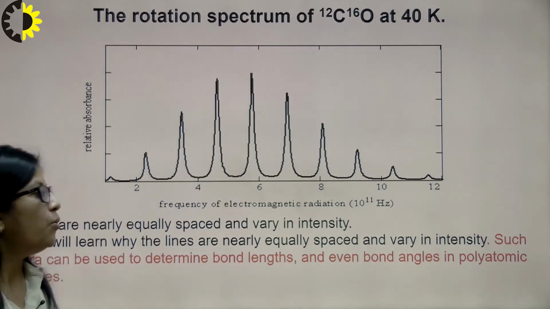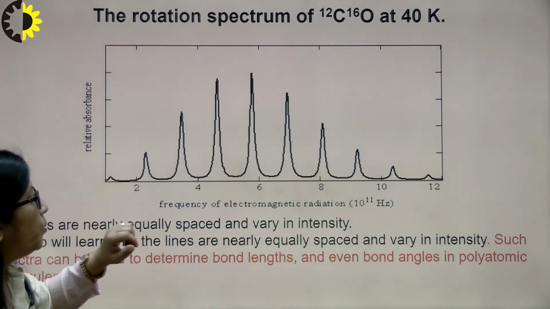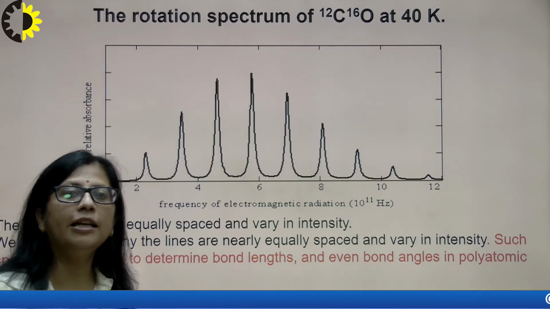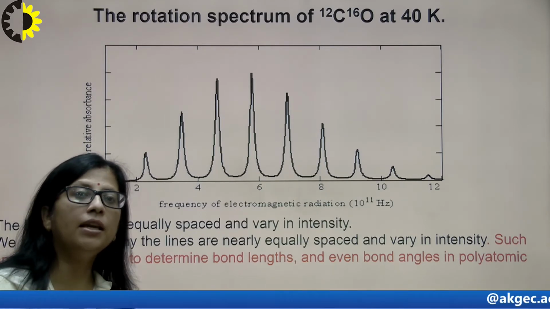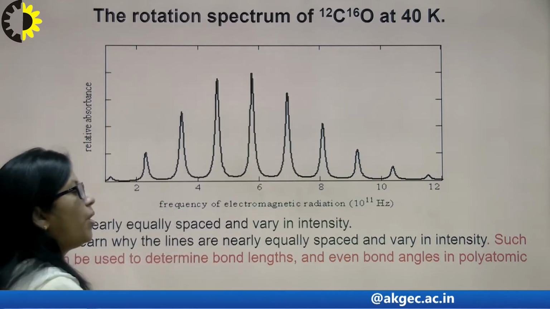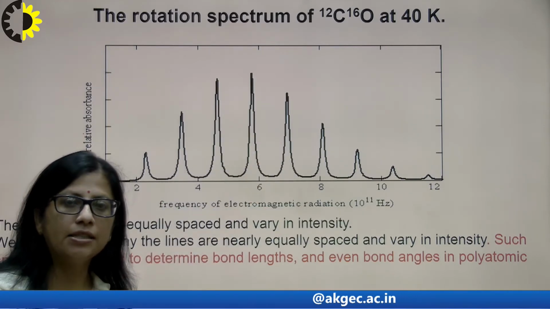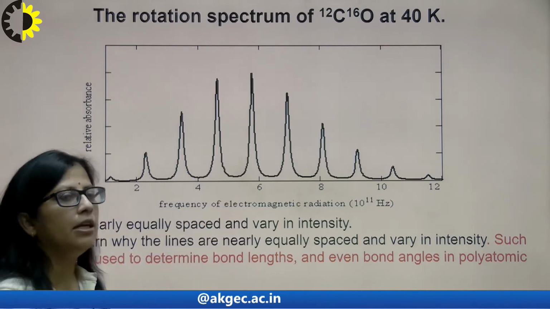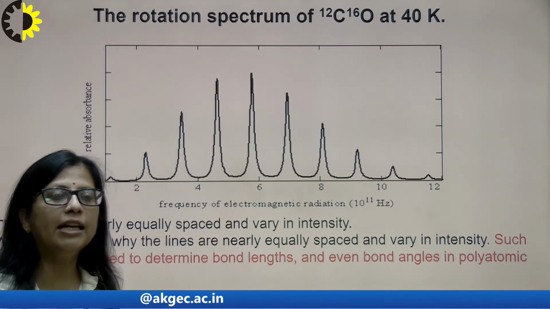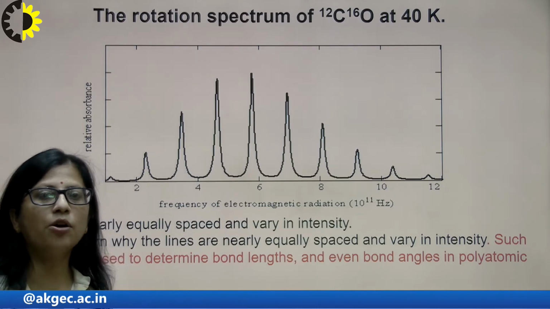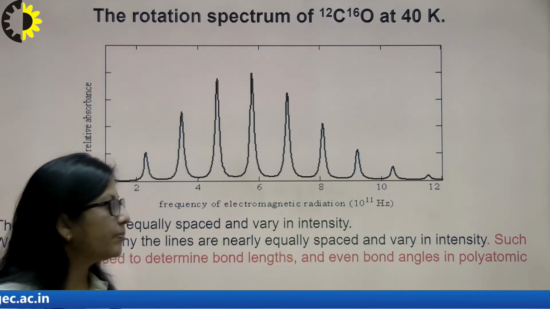And now we will learn why the spacing of these lines is equal, but they vary in intensity. Why they vary in intensity, I am going to discuss. And this spectra is utilized for finding out the bond length and even the bond angles of the molecules.